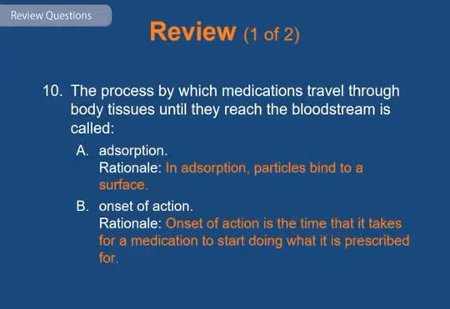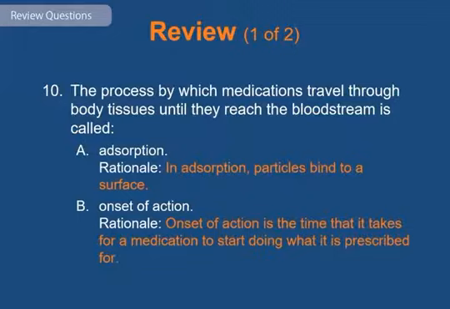So let's look at the incorrect answers. The process by which medications travel through body tissues until they reach the bloodstream is called A, adsorption. And that's incorrect because in adsorption, particles bind to a surface, like a chemical in the stomach binding to activated charcoal. B, onset of action.